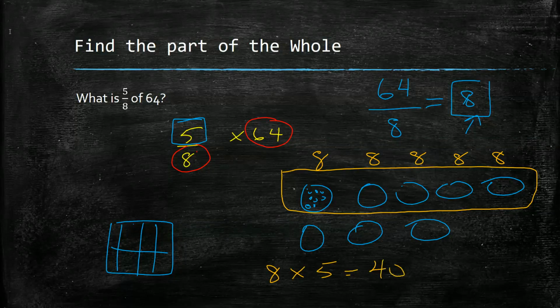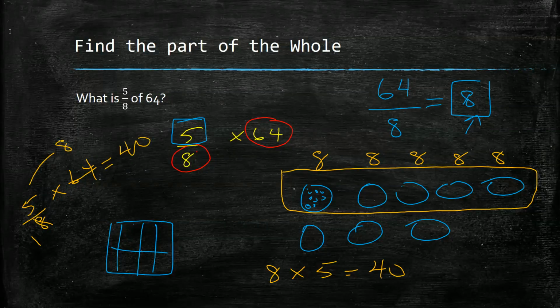Let's do this a little quicker. 5/8 of 64 is: 64 divided by 8 is 8, and 5 multiplied by 8 is equal to 40. So when we divide by 8, we break the number up into equal groupings, and then we take that result, which is 8, and multiply it by 5 to get our 40.